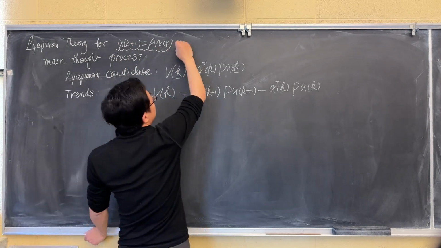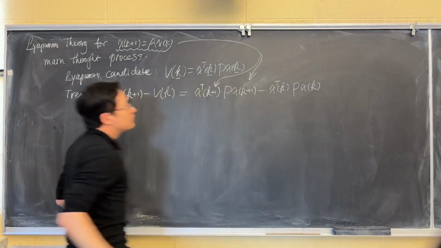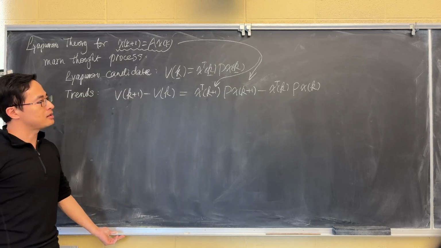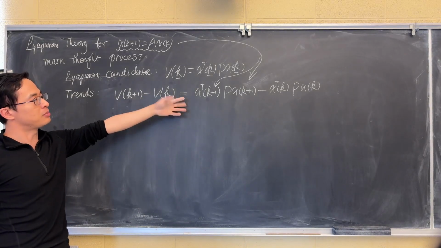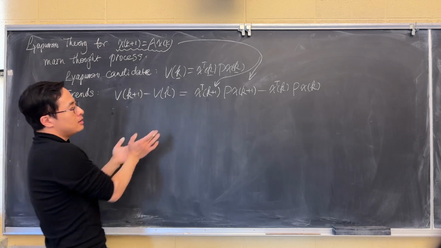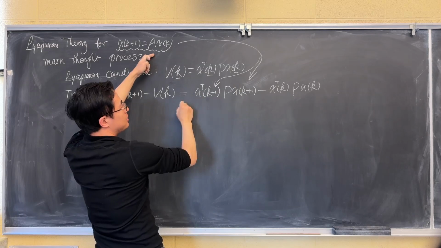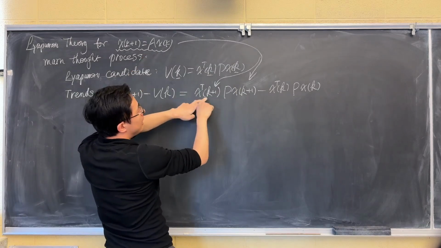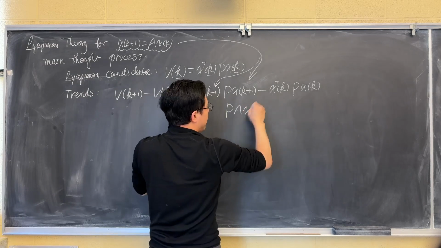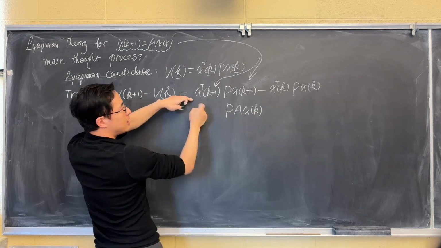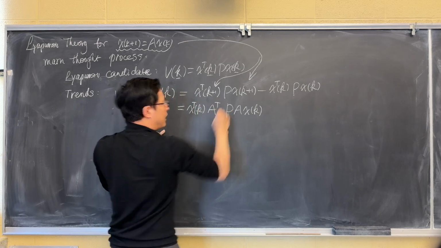The key about Lyapunov analysis is you bring the system dynamics into the Lyapunov candidate that you proposed, and then look at how things simplify. If you plug in the system dynamics, x_{k+1} becomes A x_k, and on the other side is x_k^T A^T.